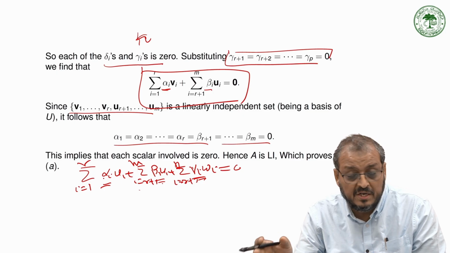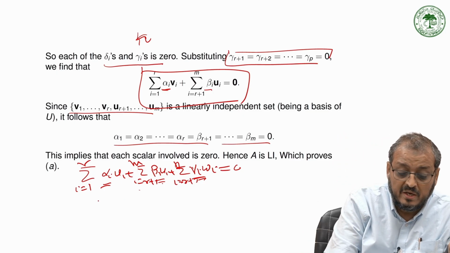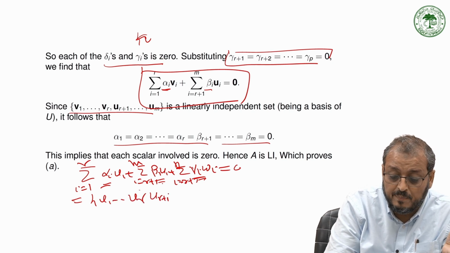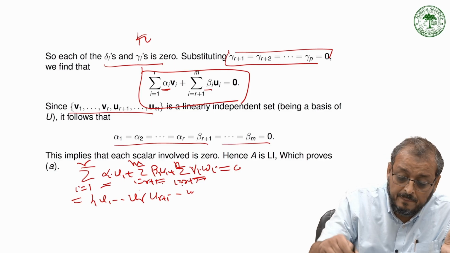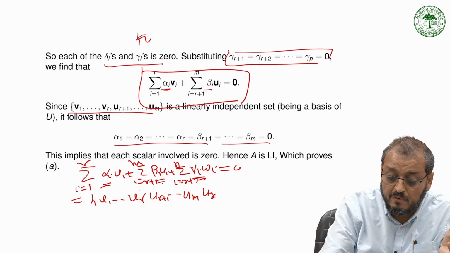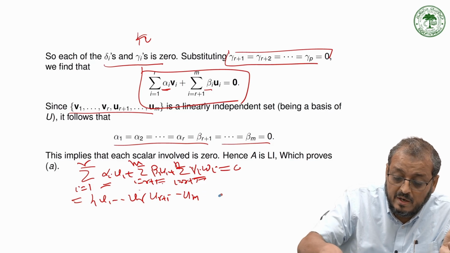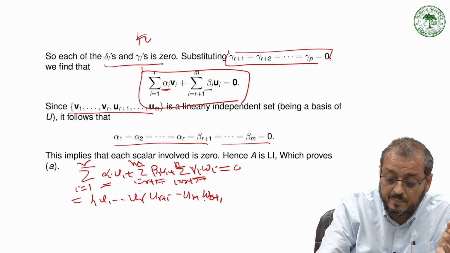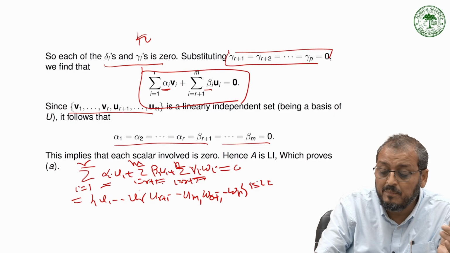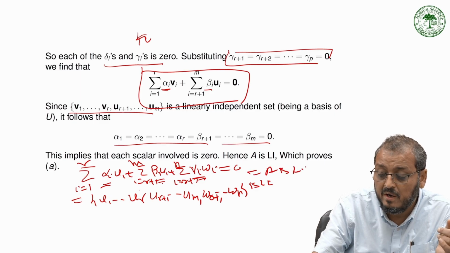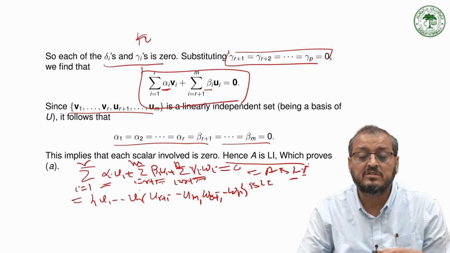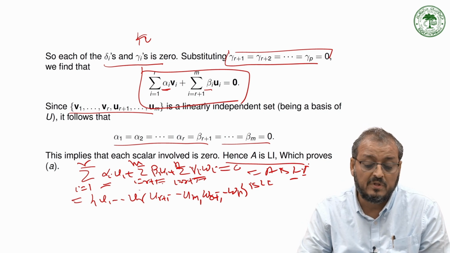So if this is a trivial linear combination, that means the set V1 up to Vr, then Ur+1 up to Um, and then Wr+1 to Wp is linearly independent, and that means we can say that A is linearly independent.